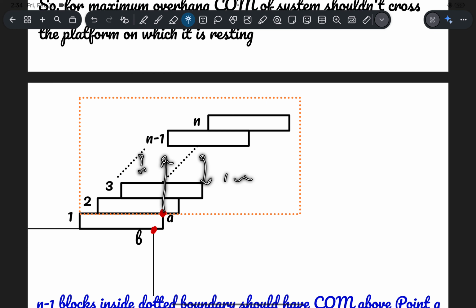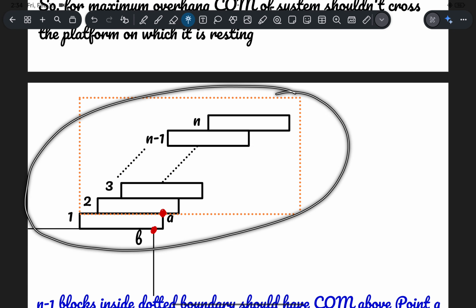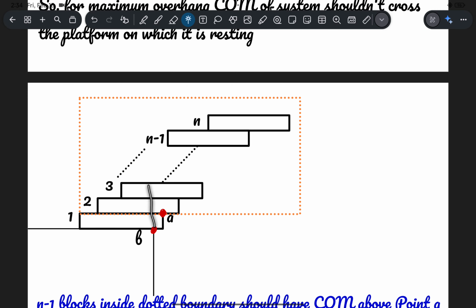If the center of mass is here, it's not the maximum distance that we can achieve. So the center of mass of this system is somewhere above A. And for the full system combined, including the bottom one, it should be above B. The center of mass of all n blocks combined is above point B, and the center of mass of all n minus 1 blocks in the orange dotted line is above point A.